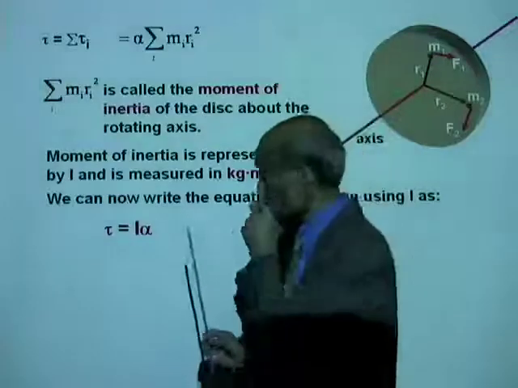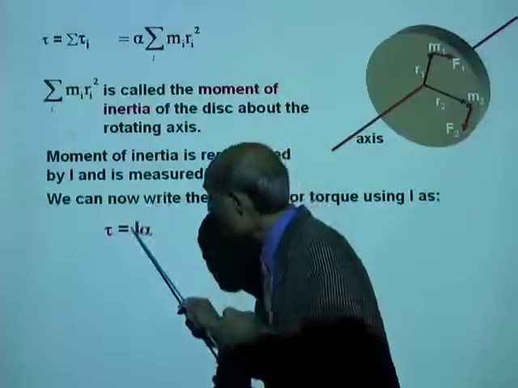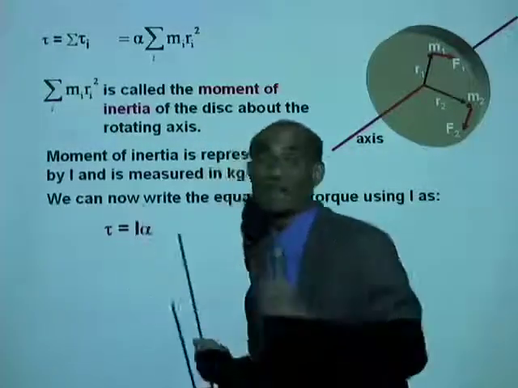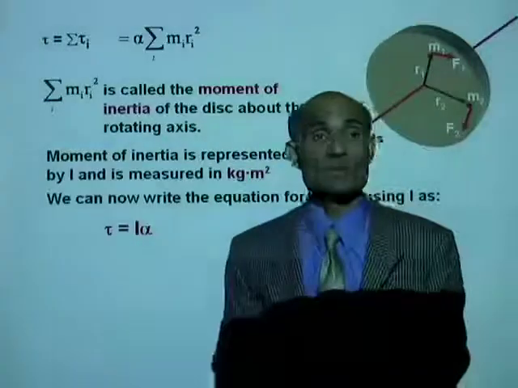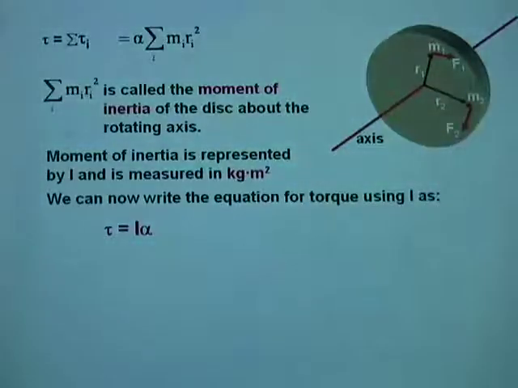Alright, in that case tell me, what is the role of this I, the moment of inertia? If you noticed, in linear motion our equation will be F net equal to ma.